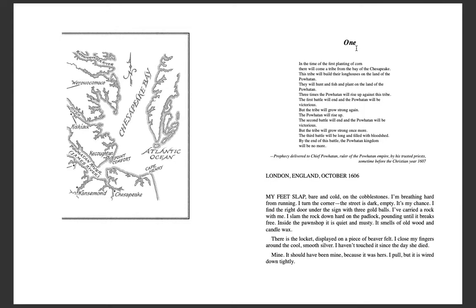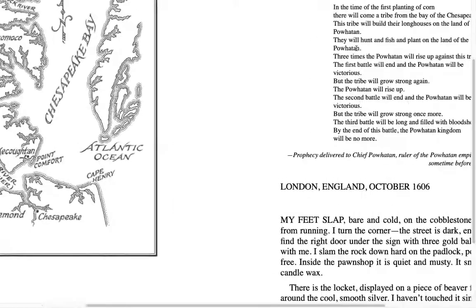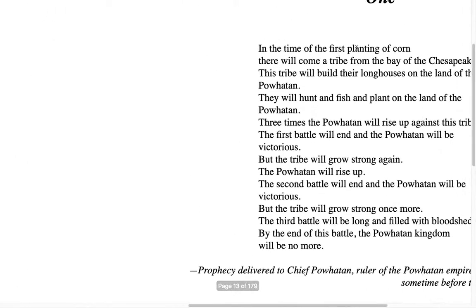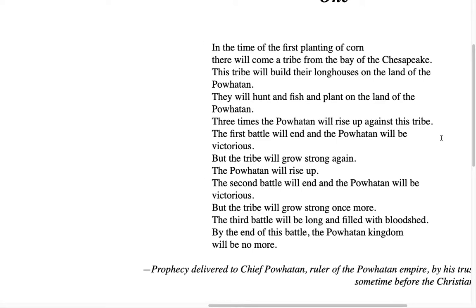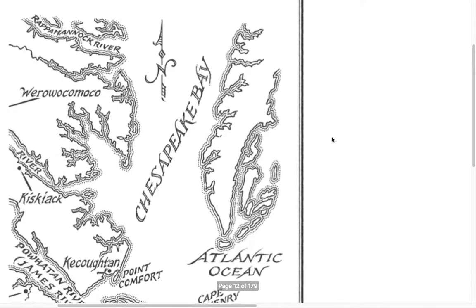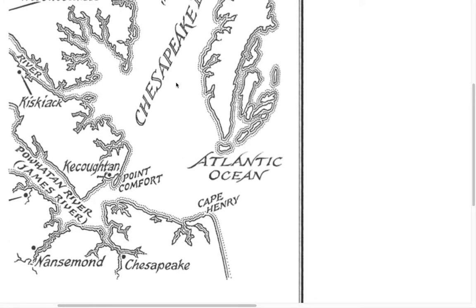Chapter 1, it begins with a prophecy. In the time of the first planting of corn, there will come a tribe from the bay of the Chesapeake. This is right where I'm talking about. There's going to come a tribe from this water.